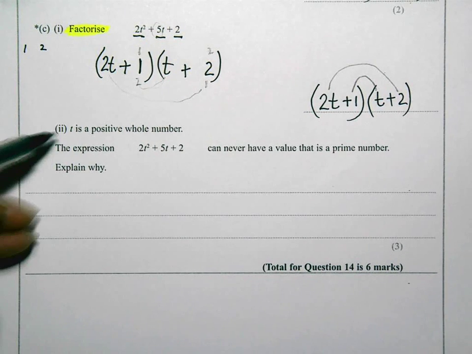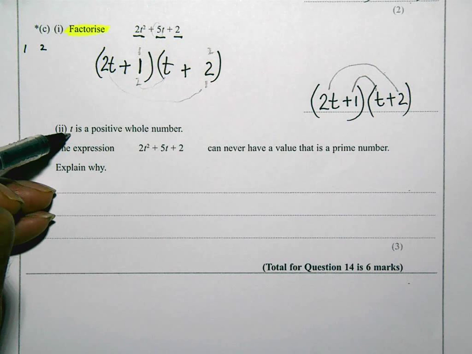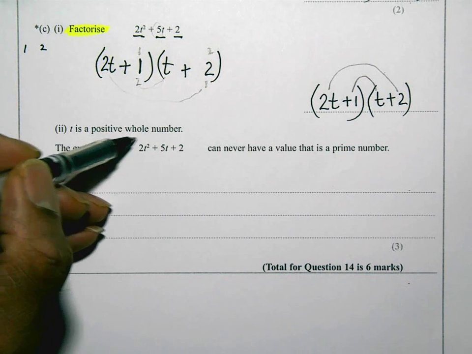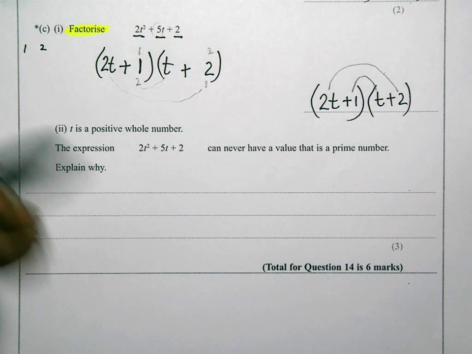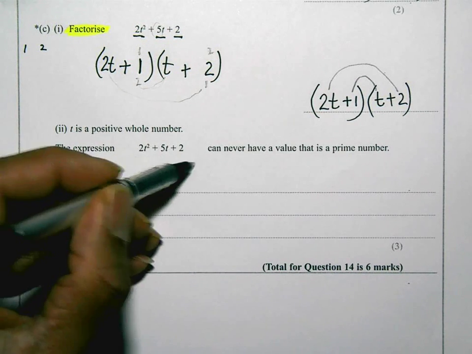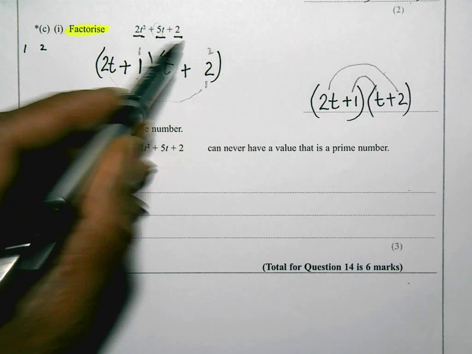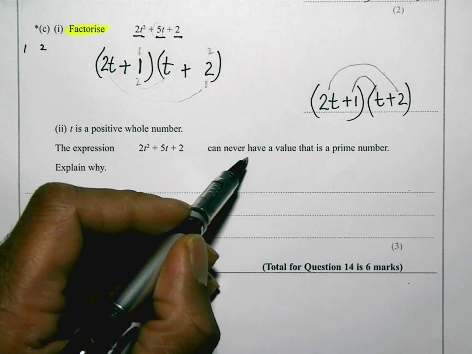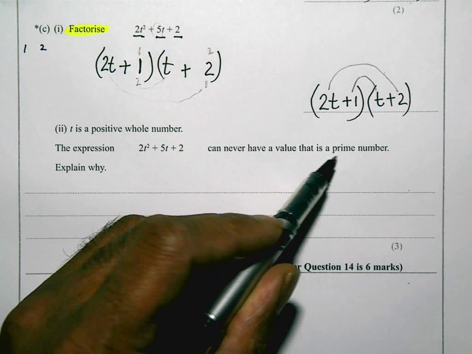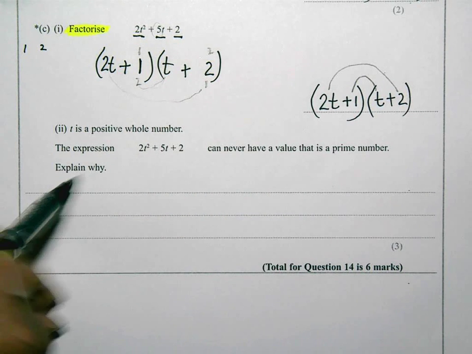It says t is a positive whole number, so it's a positive number and it's a whole number. The expression, which is the same as what's up there, 2t squared plus 5t plus 2, can never have a value that is a prime number. Explain why. Well, let's think about what a prime number is.